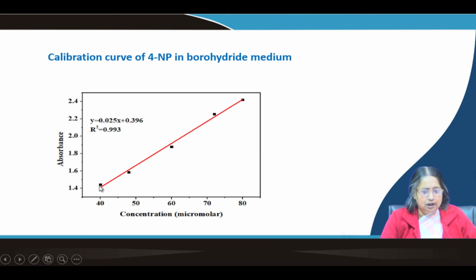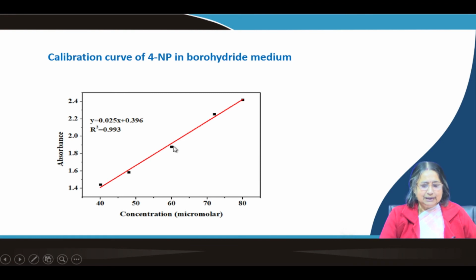This is a linear plot, this is the Beer's law curve. Once we get the Beer's law curve, we can see how good it is from the R square value, it is very good, 0.99. So, it is a very good calibration curve.